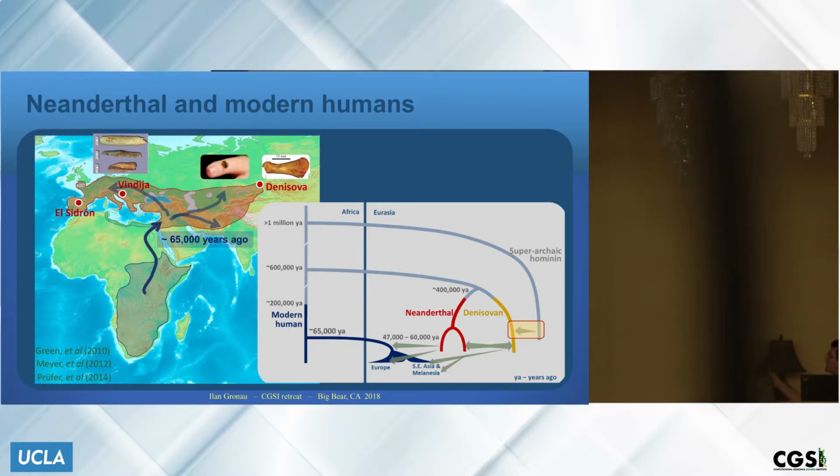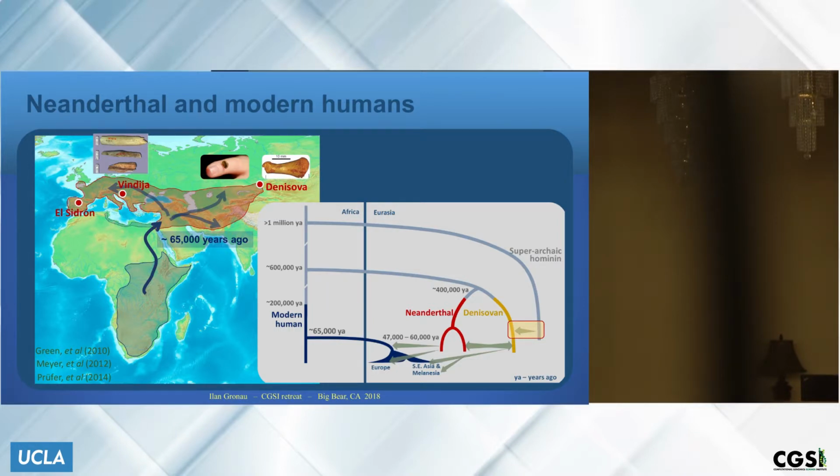But most of these events are consistent with this image of our ancestors spreading in Eurasia, meeting these established populations, mating, and some gene flow. And then for some reason or another, these archaic populations went extinct and we survived, and now we carry their genes. Each of us carries about 1 to 3% Neanderthal in our genome.